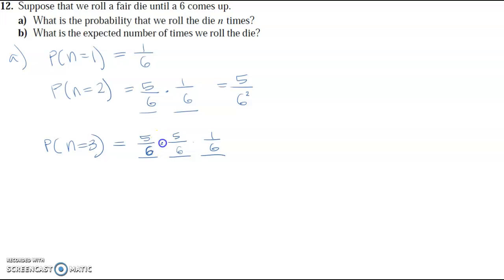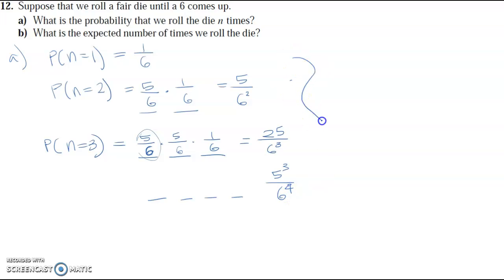These are independent events, because the die doesn't depend on the previous roll. So this would be 25 over 6 to the power of 3. You can keep this going, but I think you get the idea. The next one is the 4th try, and you'll see just 5 repeated once more, so this would be 5 to the power of 3 over 6 to the power of 4.